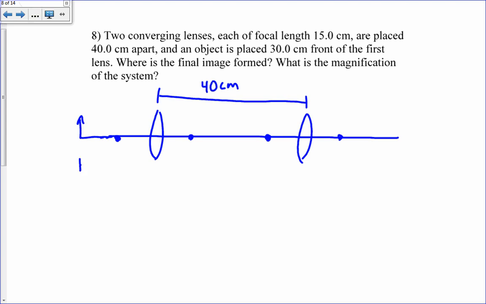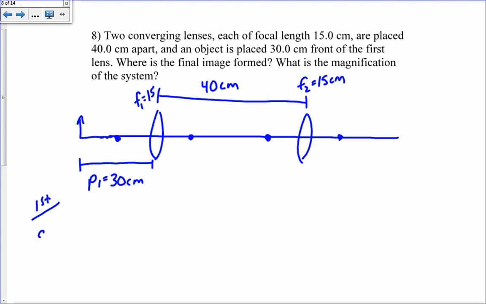All right, this is p. I'm going to call this p1. f1 is equal to 15. And f2 is also equal to 15. Okay, we're going to treat each lens separately, taking the image from the first lens as the object for the second lens. I'm going to take the first lens here.